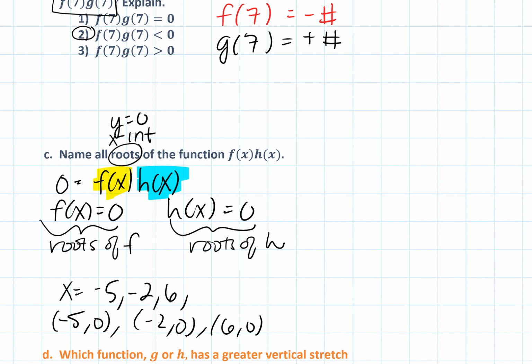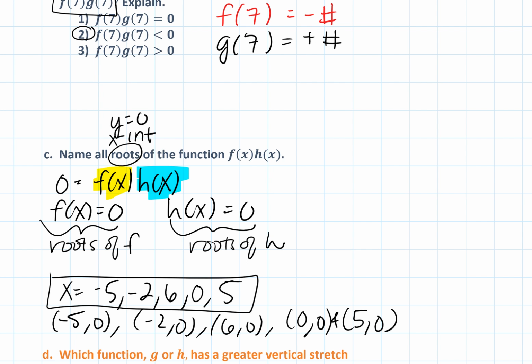Again, I can list them. -5 I already have, 0, and 5. Again, I could list them either as just the x values or as the coordinate pairs. And if any one of these x values you substitute into f or h, either f or h will be 0, and 0 times anything is 0. So you can box in your roots.